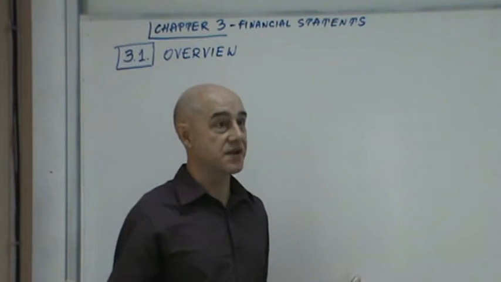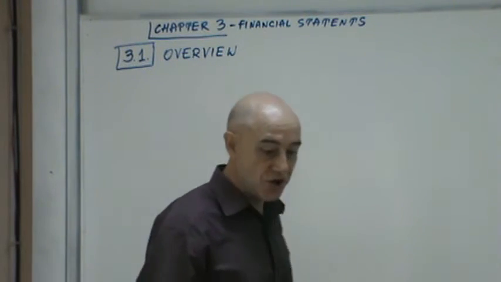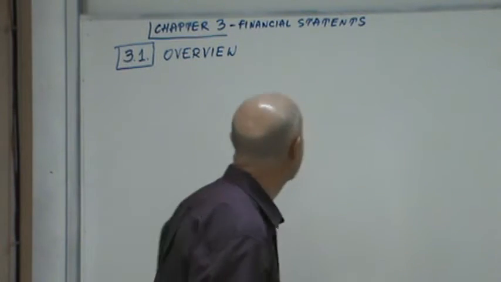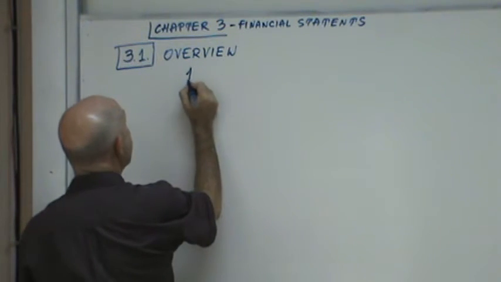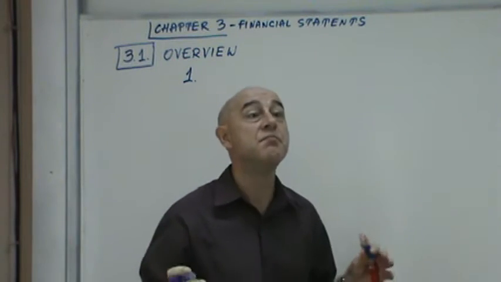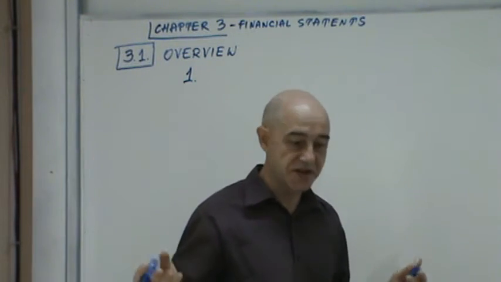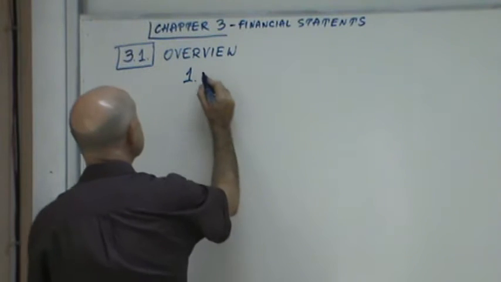Overview of financial statements is fairly straightforward. You have 4 major financial statements. Number 1, income statement.